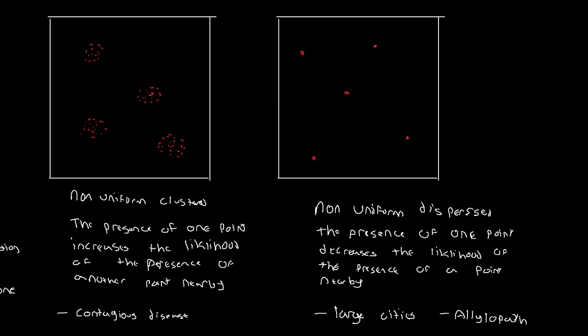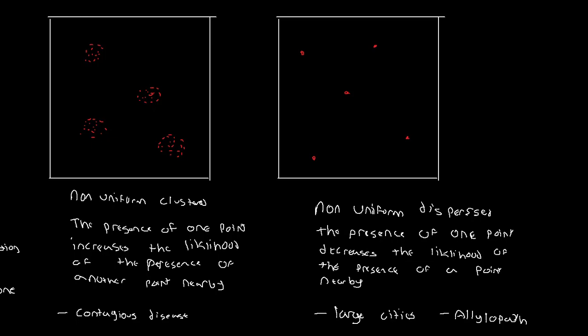So a good example of this would be a specific species of plants that once they've established themselves, they produce chemicals into the soil that make it less likely for other species to be able to take hold in that area.